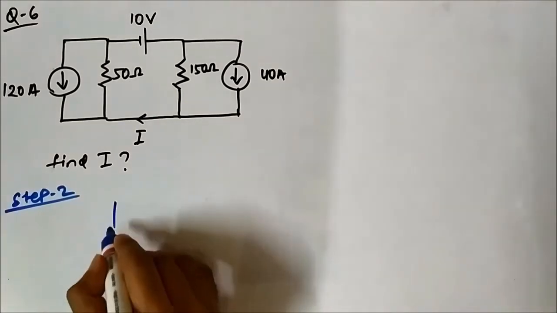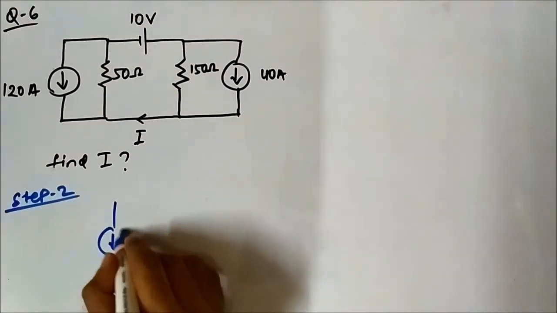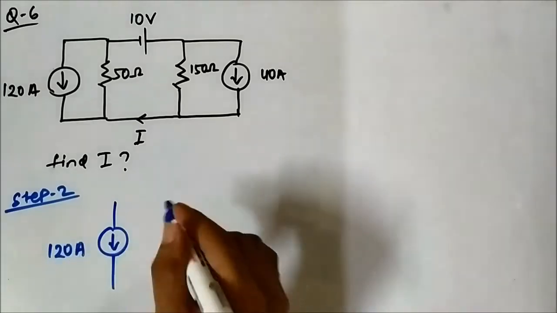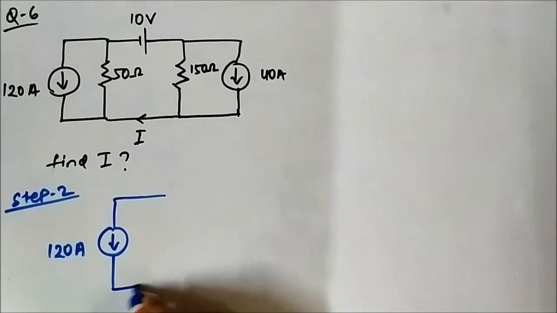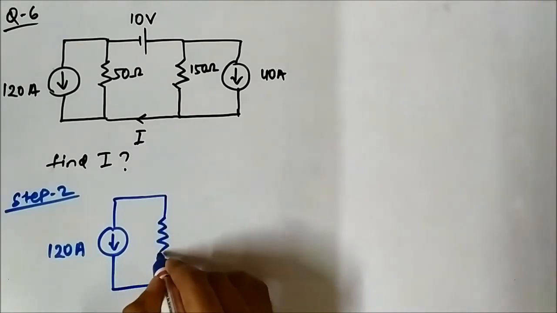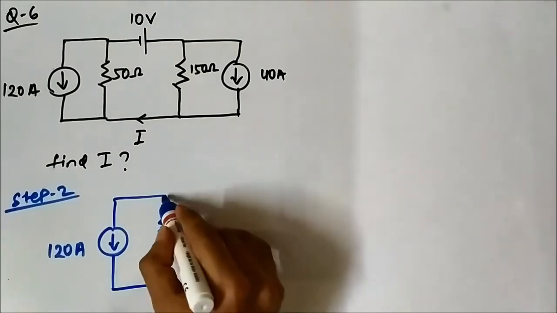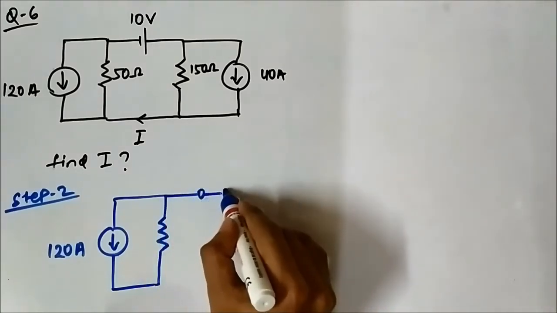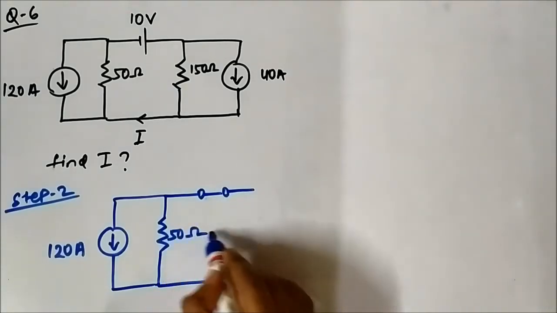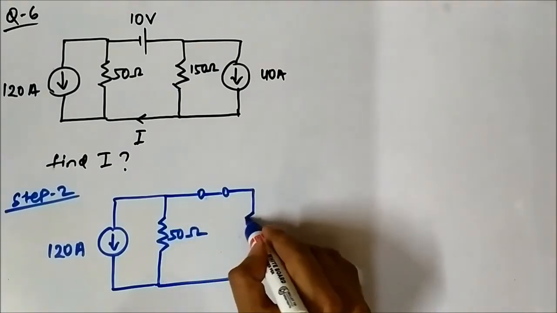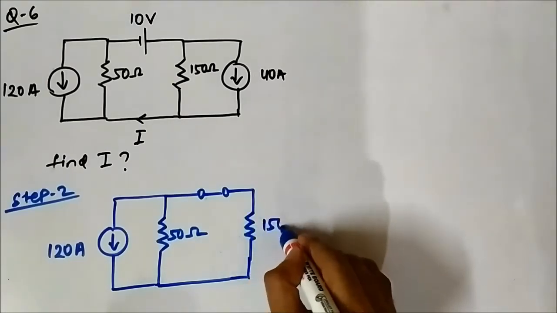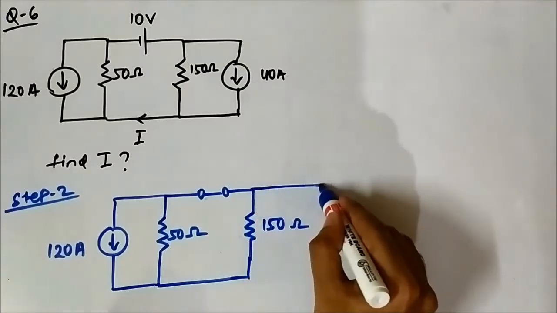So this is 120 ampere. This is 50 ohm. This is short circuited. This is 50 ohm, and this is 150 ohms. And this is open circuited.